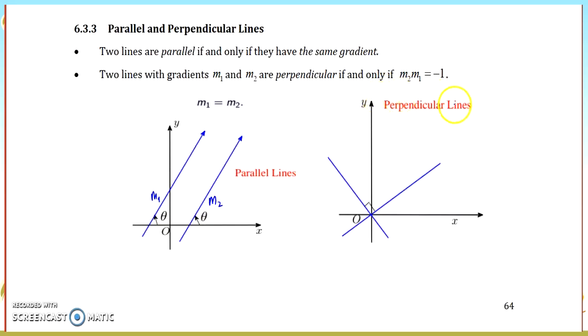For perpendicular lines, the product of the slope of the first line and the second line is equal to -1, so the intersection angle between these two lines is 90 degrees.